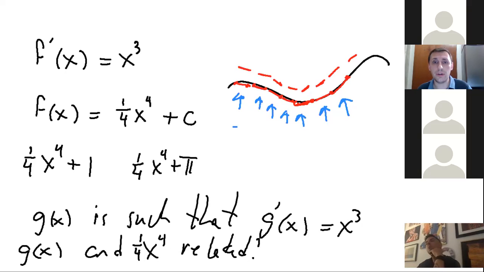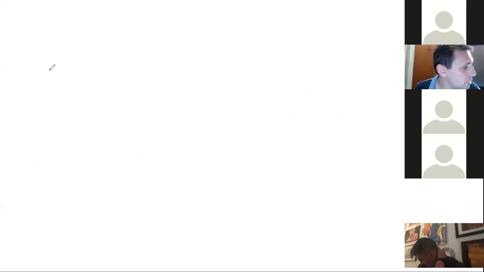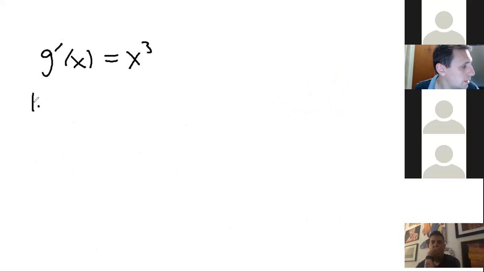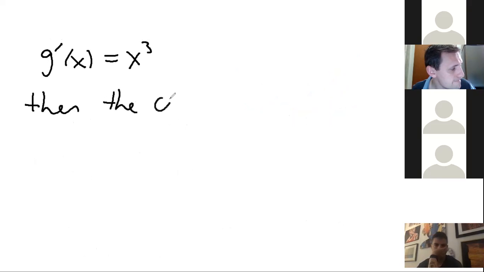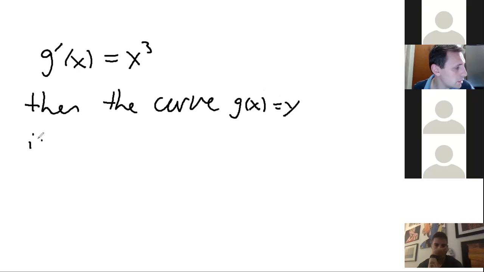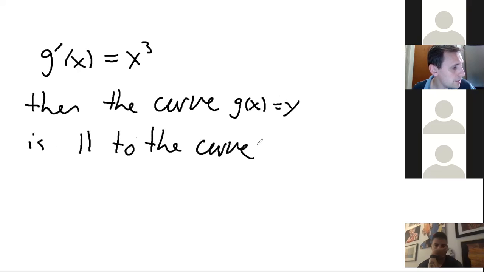That means, in terms of functions, look at it: if g prime of x equals x cubed, then how do I express g of x? Then the curve g of x equal to y is parallel to the curve y equals 1/4 x to the power of 4.